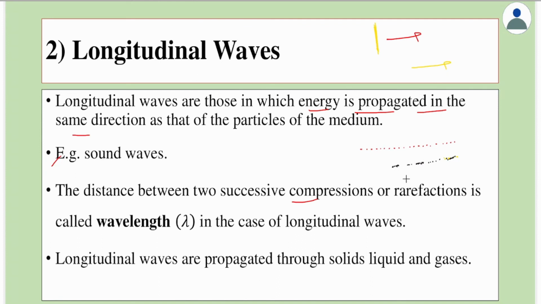So these regions which contain more particles are called compression. The center of it is compression. And the center of the minimum particles is called rarefaction. We will study it in detail in later topics. For now, keep in mind that in case of longitudinal waves, we get compressions and rarefactions. And unlike transverse waves, longitudinal waves are propagated through solids, liquids, and gases.